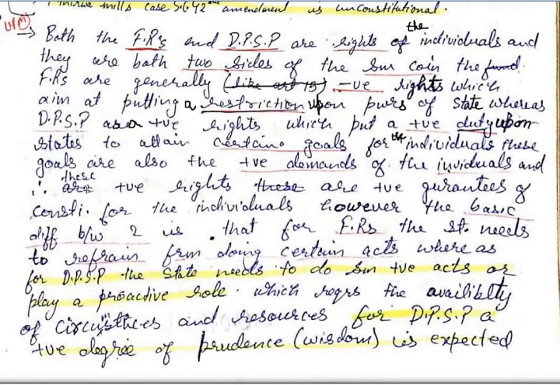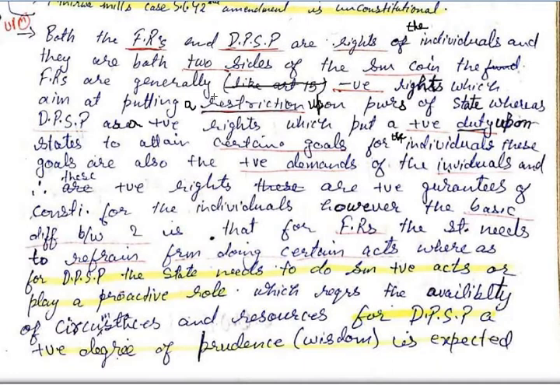So write down: both the fundamental rights and DPSP are rights of the individuals, and they are two sides of the same coin. The fundamental rights are generally negative rights, except that some of them, like Article 15, are generally negative rights which aim at putting a restriction upon the powers of state.